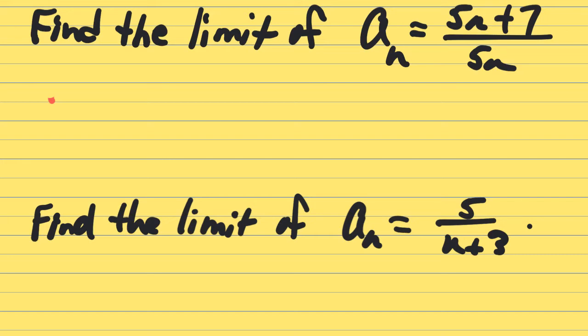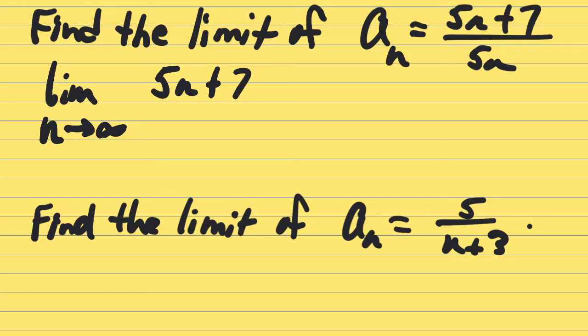Here we go. Okay, so each one of these, we're going to take the limit as n approaches infinity of our nth term. For this particular problem, as n gets really large, the 7 will fade away.